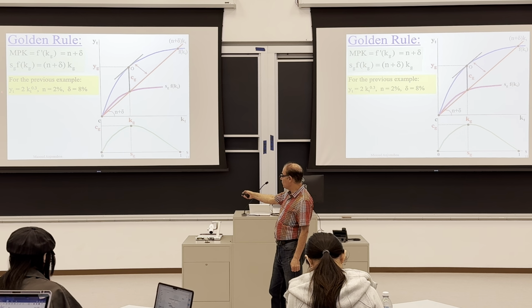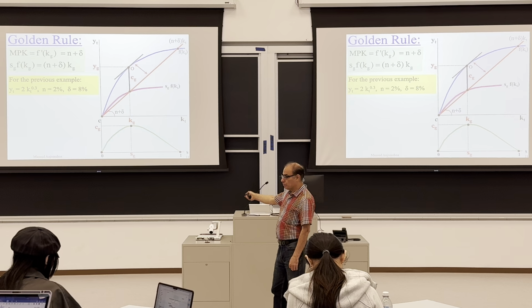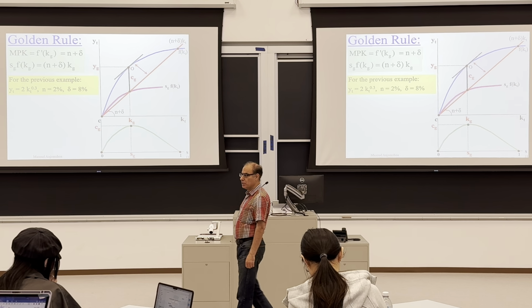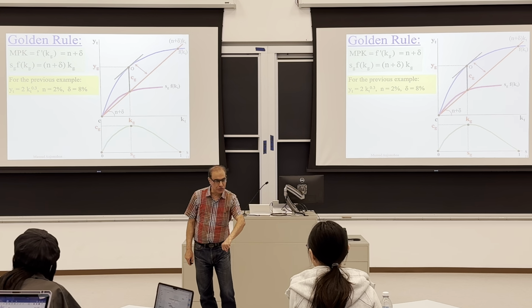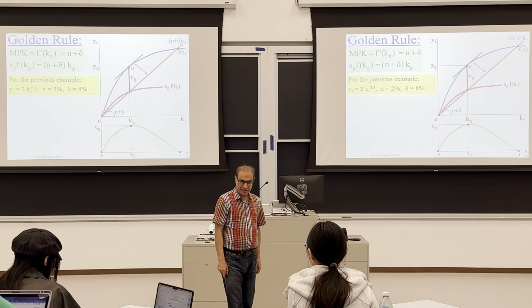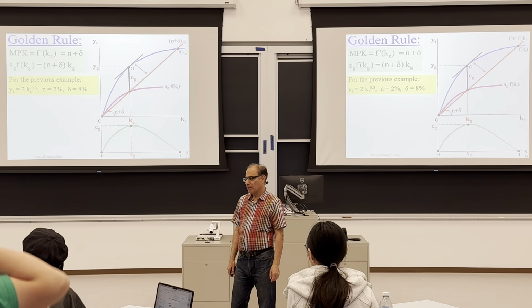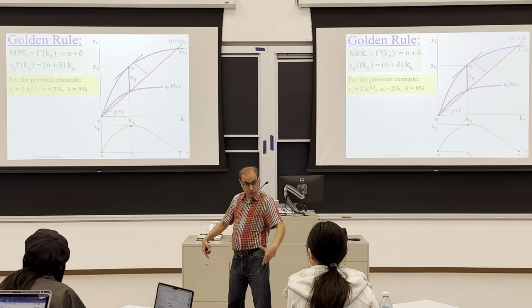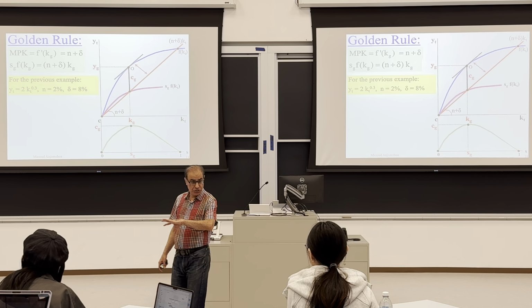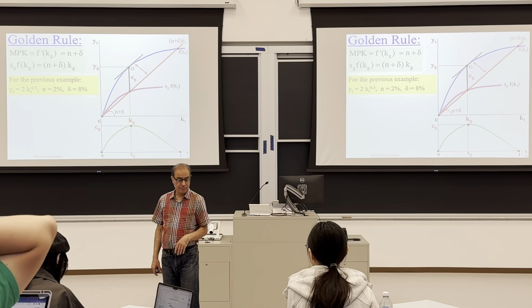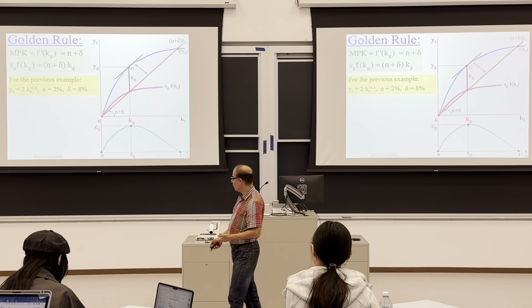Change everything to per capita. Suppose the population growth rate is 2% and the depreciation rate is 8%. What is the golden rule saving rate in this economy? What is maximum consumption per worker? And kg, yg, everything. How can I do this?